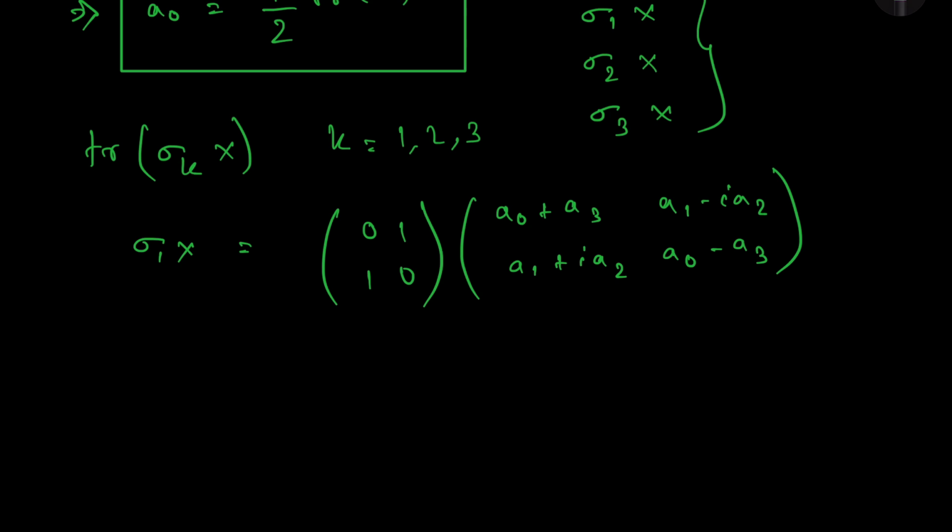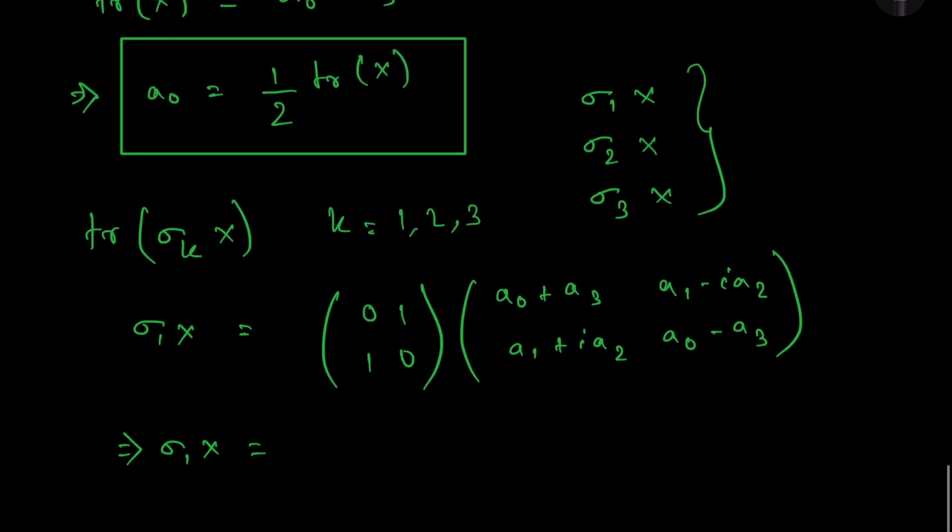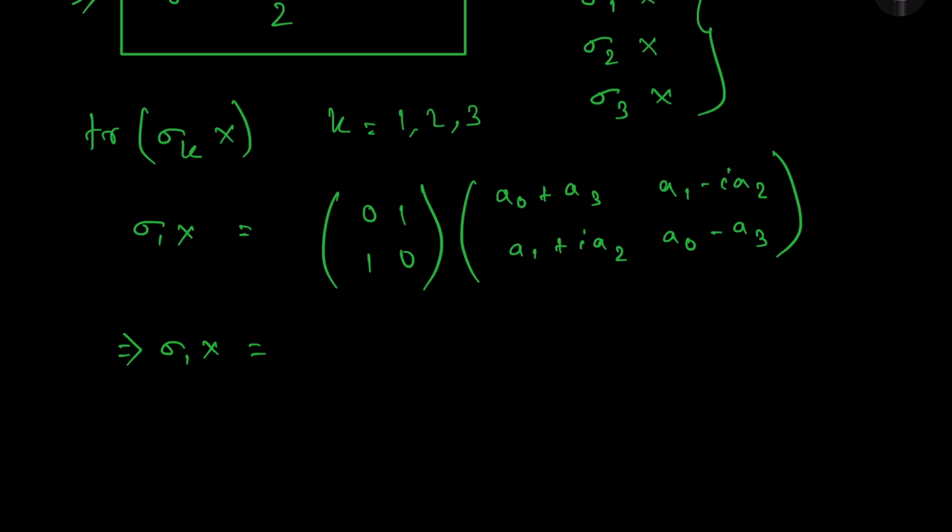So let's multiply these matrices and see what we get. Sigma 1 X. So let's add this up.